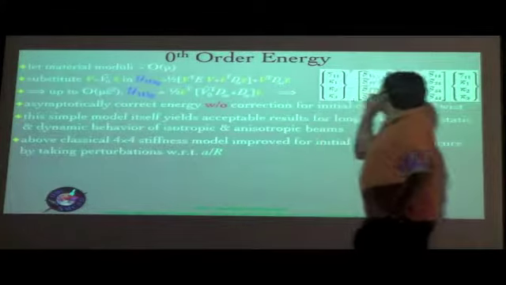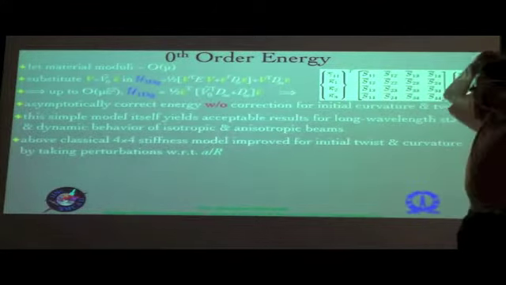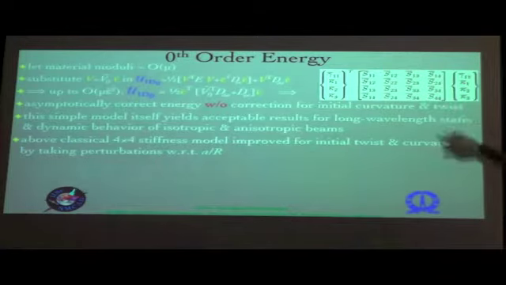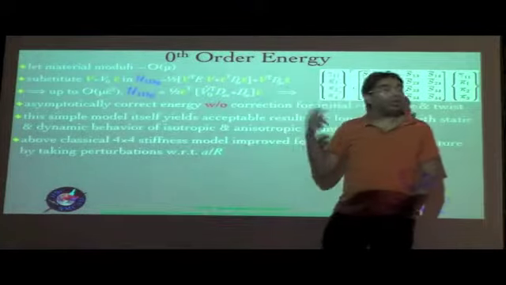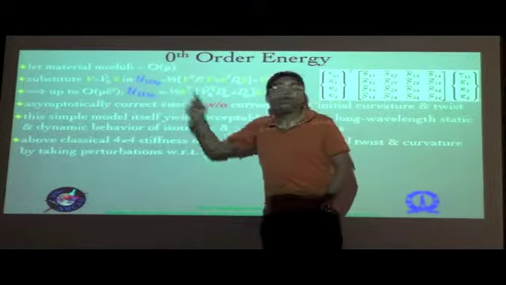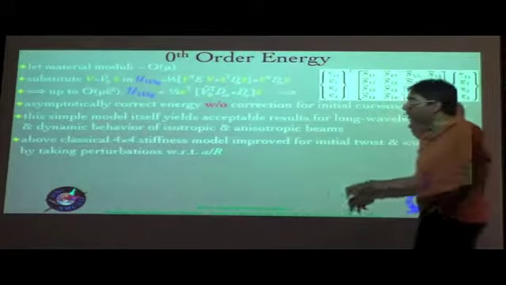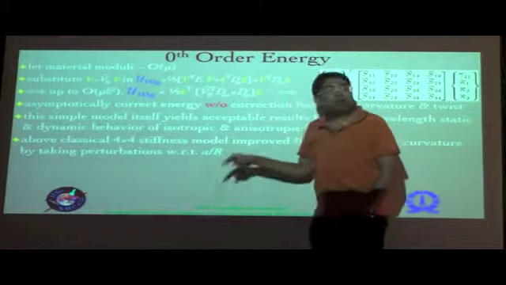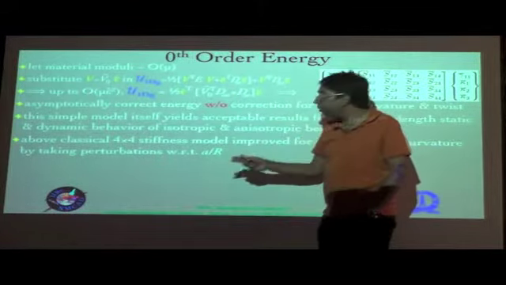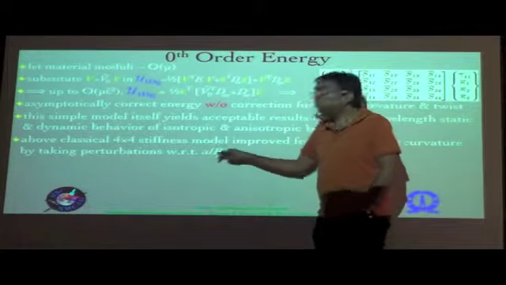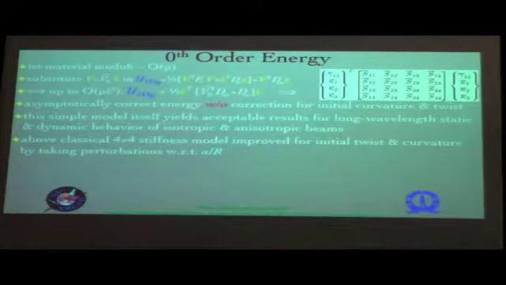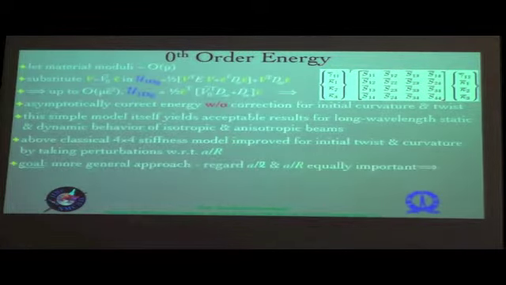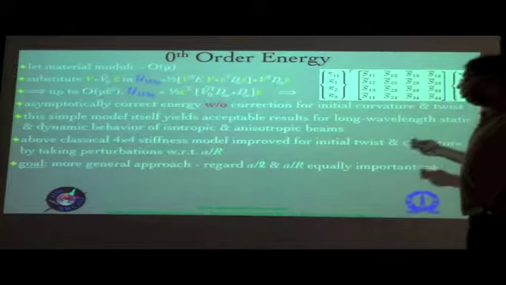Now this classical 4x4 stiffness matrix S bar can be improved for initial twist and curvature, as I already said, by taking perturbations with respect to A by R. In other words, you add to the warping solution a higher order term, not only epsilon hat times A, but also epsilon hat times A times A by R, then retain up to that level in the energy and minimize that.